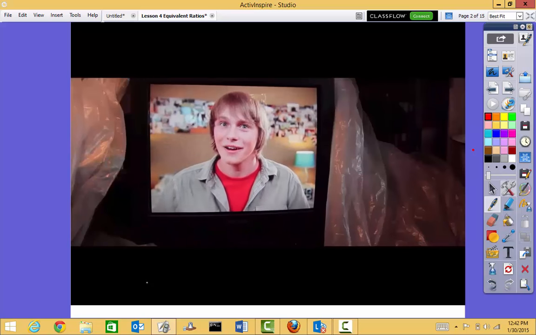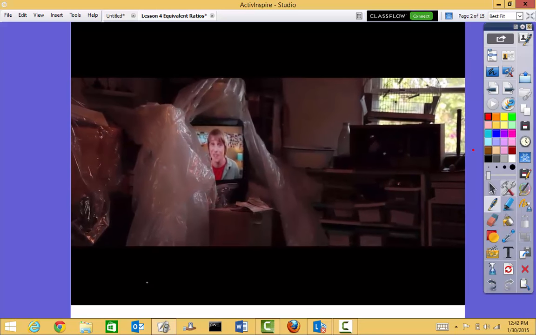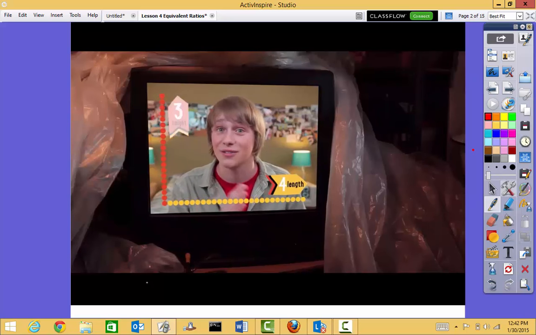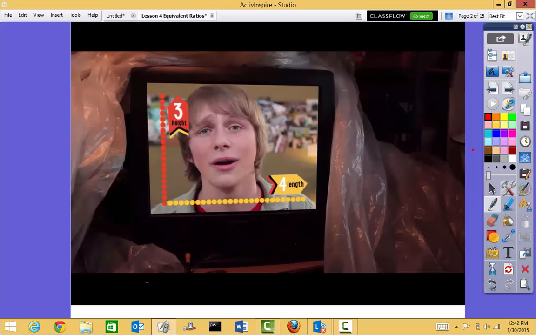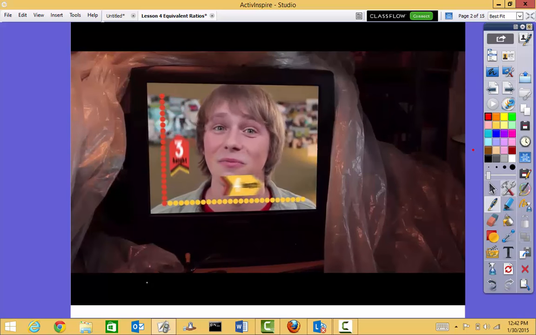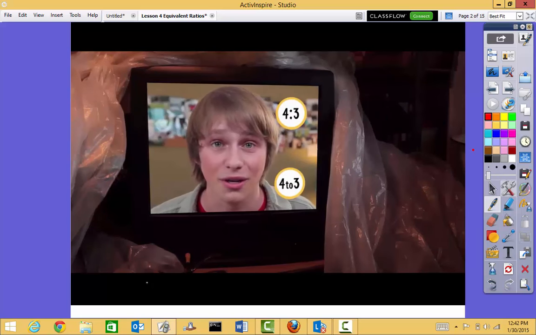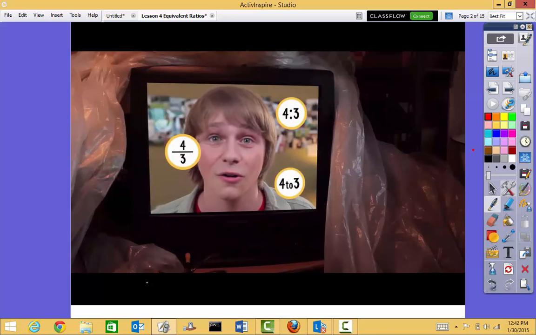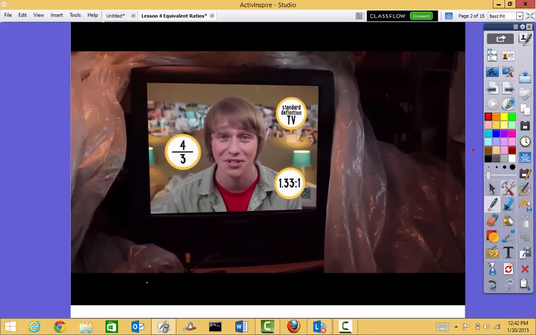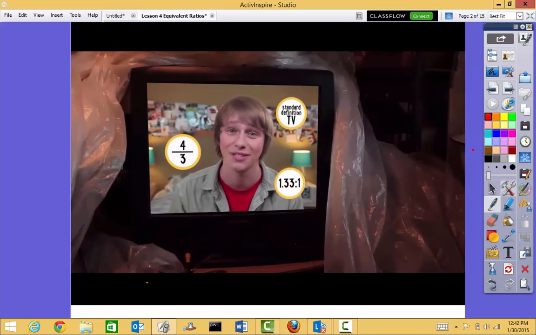And that's because you might find one of these lying around. This is a standard definition television, and its ratio is 4 to 3. By the way, ratios can be expressed by colon, 4 to 3, verbal, 4 to 3, or with a fraction bar. Some people refer to standard definition TV as 1.33 to 1.